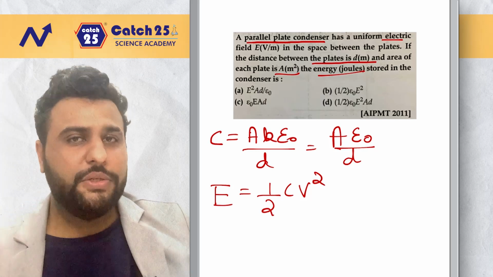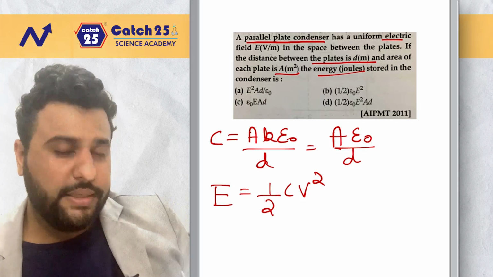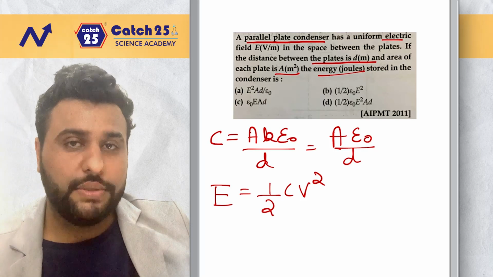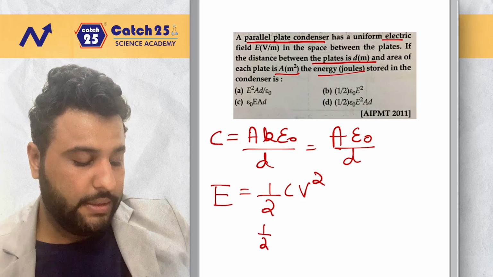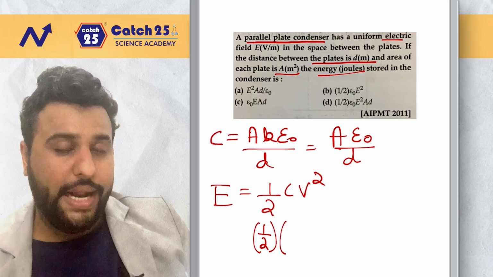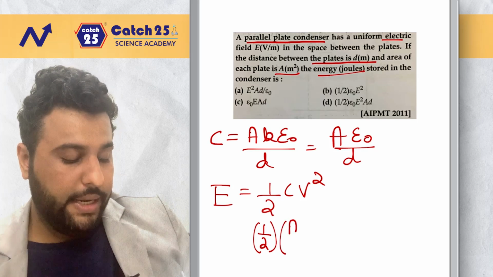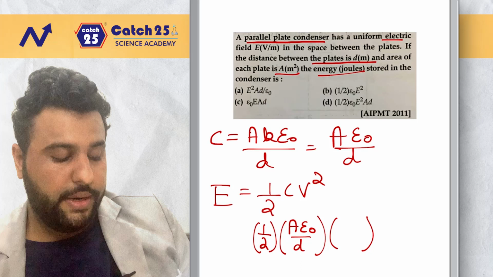Most famous, most common formula. Now, I will keep half as it is. I know the value for C for a parallel plate condenser is A epsilon naught by D, and V square.